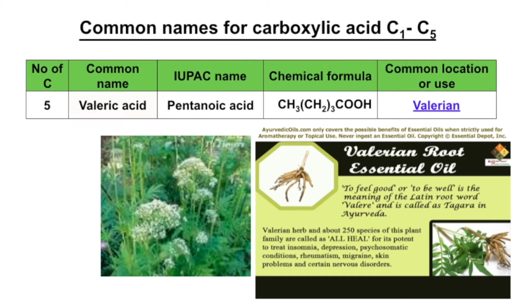For carboxylic acid with five carbons, the IUPAC name is pentanoic acid and the common name is valeric acid.